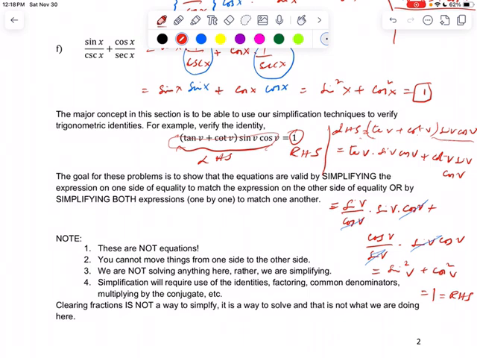The goal of these problems is to show that the equations are valid. That's what I was mentioning: we have to show that the left hand side and the right hand side are the same, which means the equation is valid.